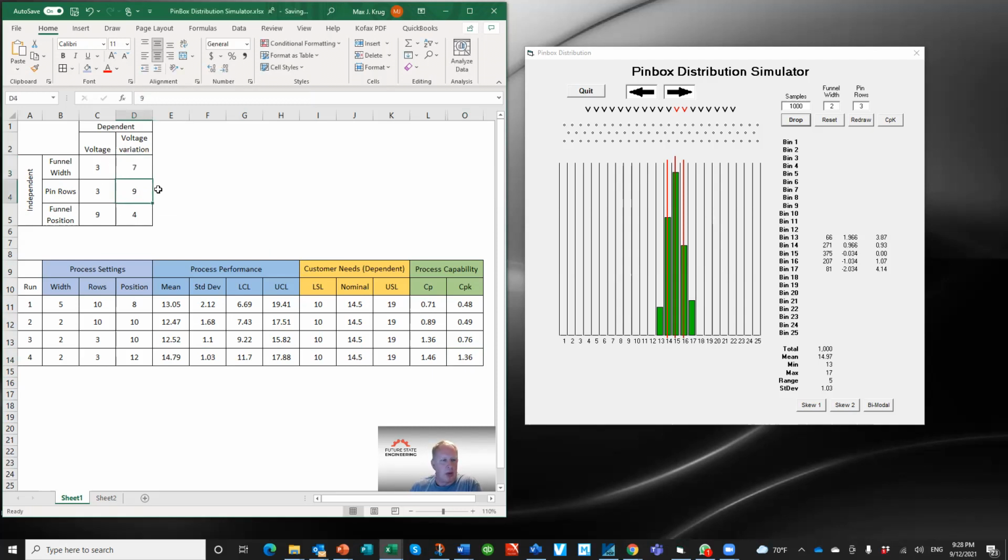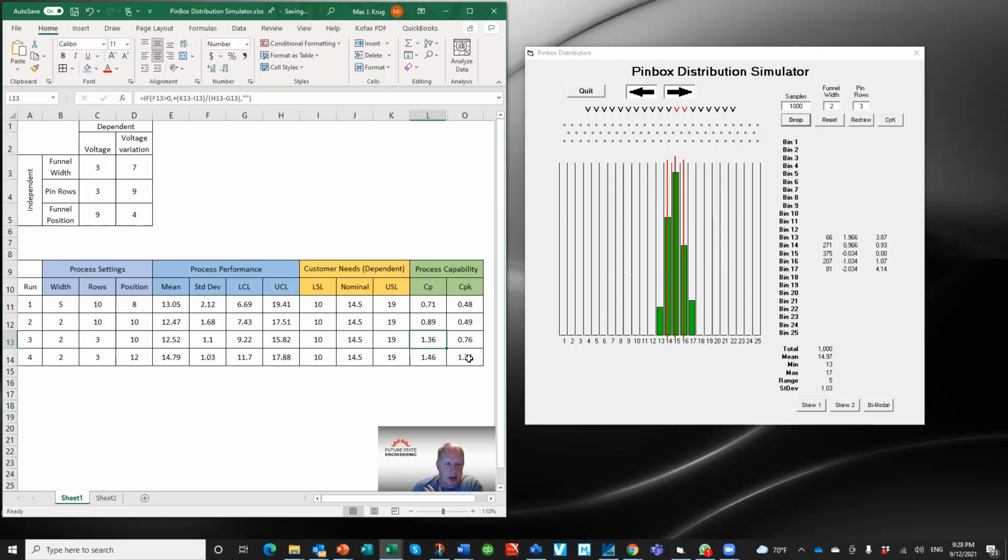Okay, so this is my ranking. Now I get a big jump in capability by saying if I reduce the number of pin rows, that affects the capability significantly. And now that I got it up to have the potential of being capable at 1.36, I need to center it. So I center it and I say, okay, my funnel position affects that.